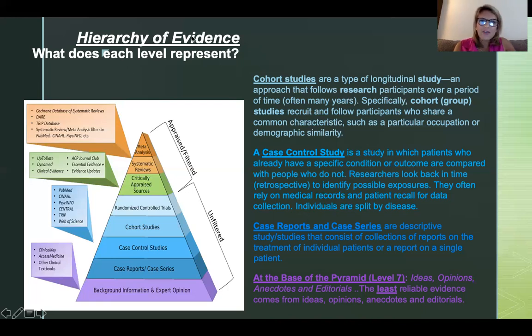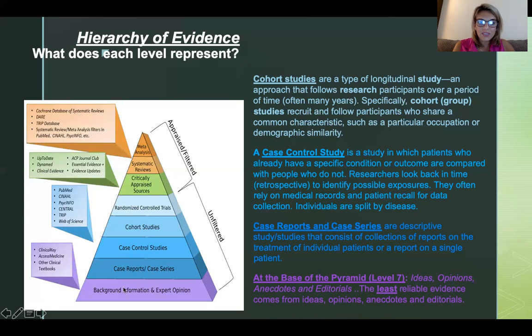Now, hierarchy of evidence is the name of this particular pyramid. That's what the research world calls this pyramid. But keep in mind, the reason for this particular pyramid is specifically to determine levels of evidence. So when you look at this pyramid, think of hierarchy of evidence, but also think of levels of evidence, levels of really good sources of information that are actually quality evidence.